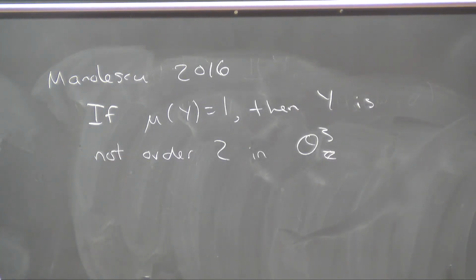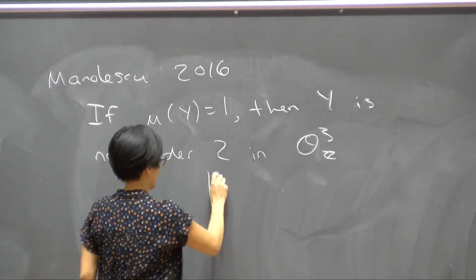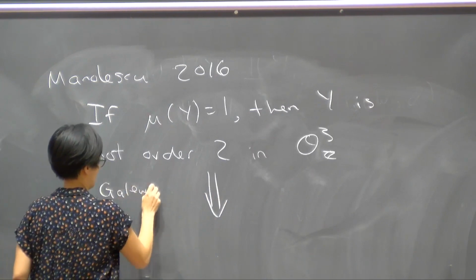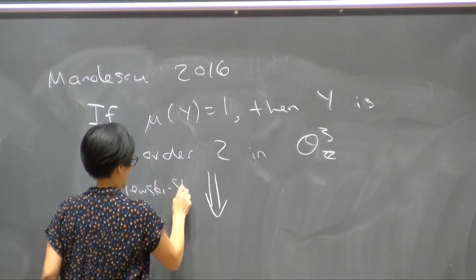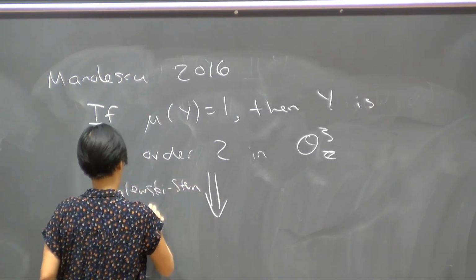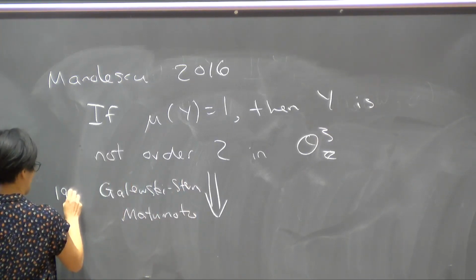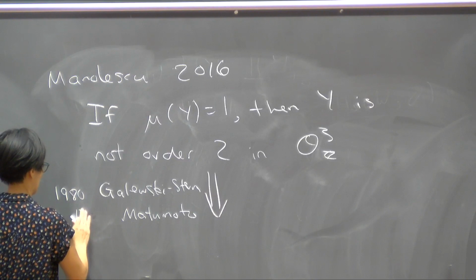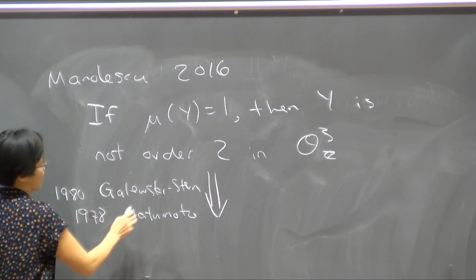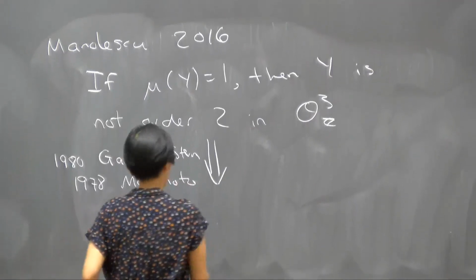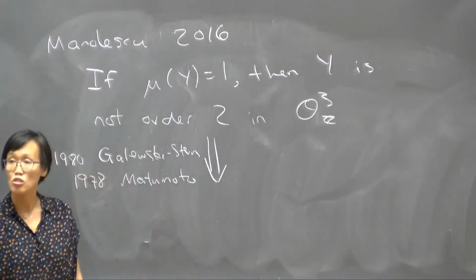This result sounds sort of technical. You might wonder why I am highlighting this. Well, it turns out, due to earlier work of Galewski, Stern, and Matumoto, from the late 70s or early 80s, that this gives a disproof of the high-dimensional triangulation conjecture.